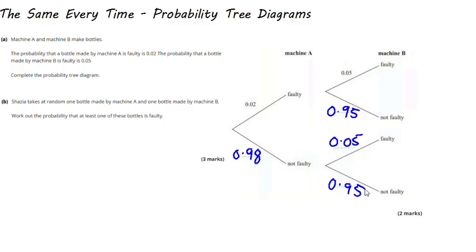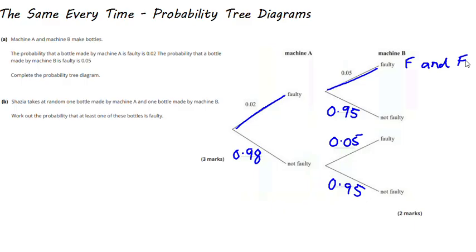As you know, if you watch the first video, what I like to do with these is write down all of the possible options before I move on with the next question. Then I know that I've got myself organized, I'm not going to miss anything out or make any mistakes. So let's see exactly what can happen here. We can be faulty on machine A and then faulty on machine B. So faulty and faulty.